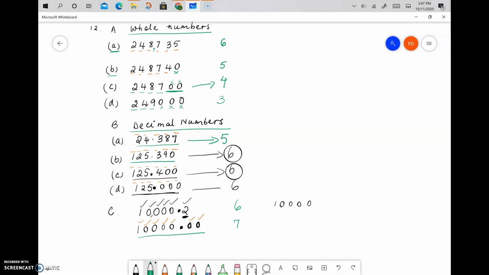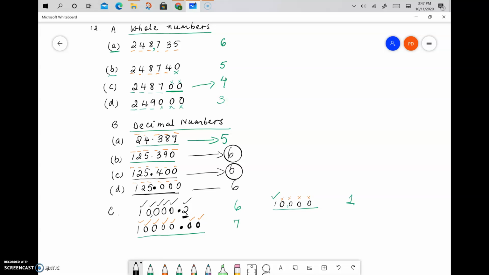Now let's look at this number, 10,000. Notice that there is no decimal portion of the number, it's a whole number. And in a whole number, the zeros at the end do not count. So there's only one value that counts, and that's a 1. The number of significant digits is 1.